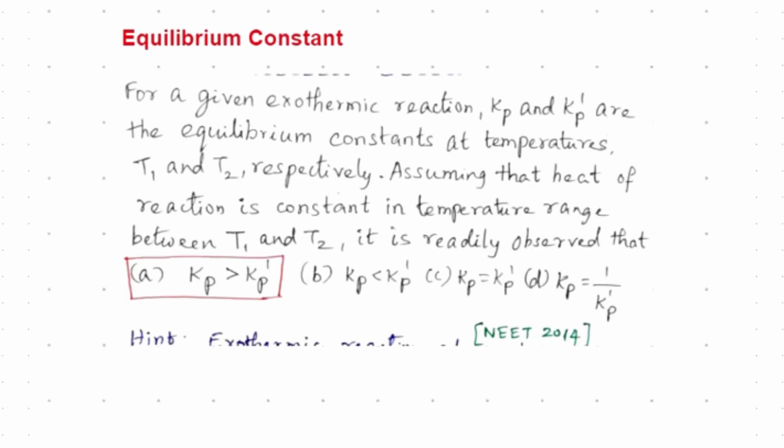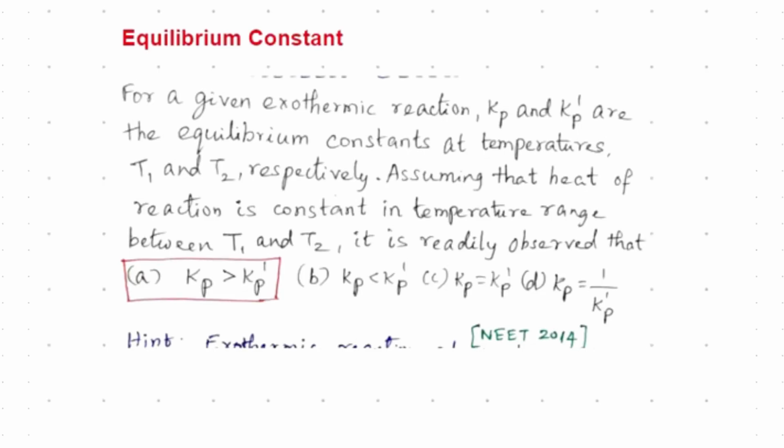It is given that the reaction is an exothermic reaction. This is the keyword. Then, at 2 different temperatures, T1 and T2, equilibrium constants are Kp and Kp prime. Now, you have to find out the relationship between Kp and Kp prime.